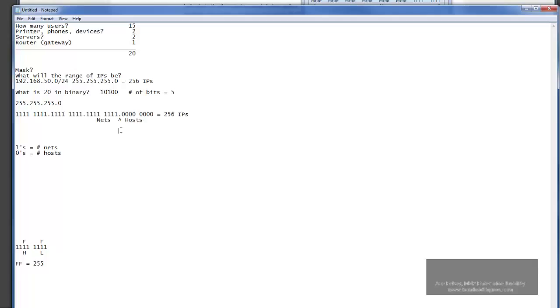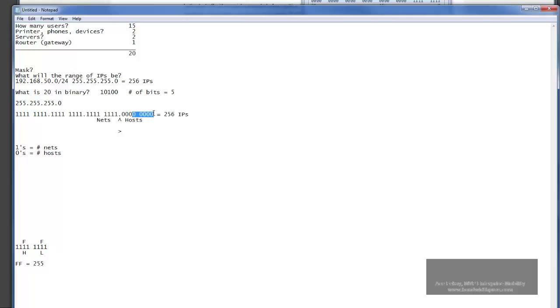We want to move it in that direction. I'm sorry, in this direction. Why do I want to move it in that direction? I want to move the ones to the right. This way I can get fewer hosts, because right now the 20 is actually 5 bits. And actually, all I need are these 5 bits right here for the hosts.